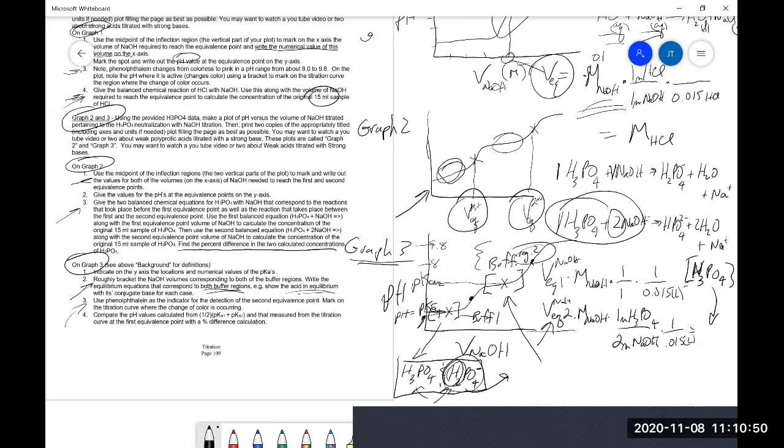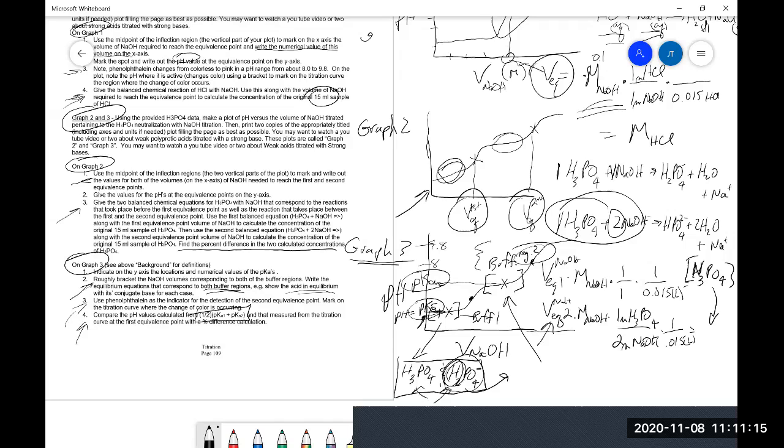The last thing, number 4, asks you to use this equation for estimating the first equivalence point. What it says is just add up pKa 1 and 2 and then divide by 2, or take the average of pKa 1 and 2. If we look over here, you're going to have pKa 1 and 2, and you'll know what number it is.